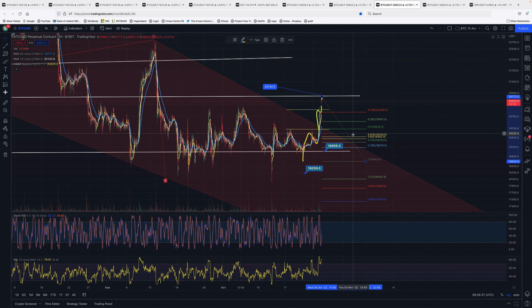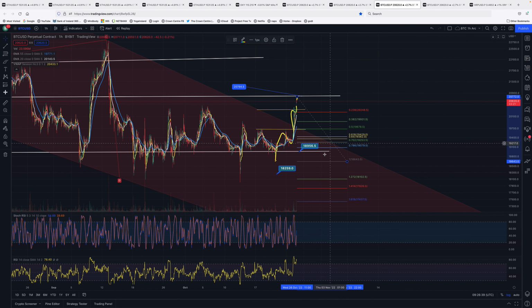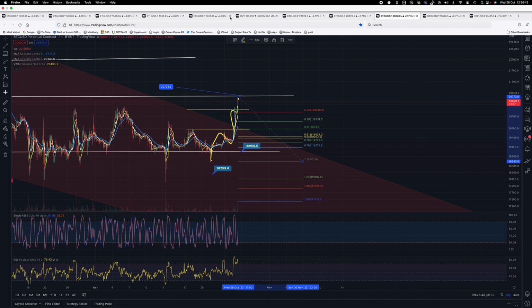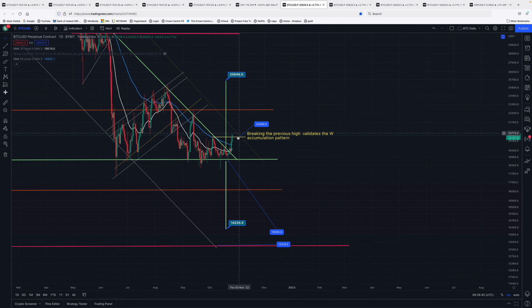So what we need to see in this correction, if we are to look at the momentum upwards continuing, is, as simple as that might sound, holding the 20,600 on the daily. So holding this level, whatever happens today, we need to close above it. Even if today in the correction we close below it, tomorrow we need to regain it.